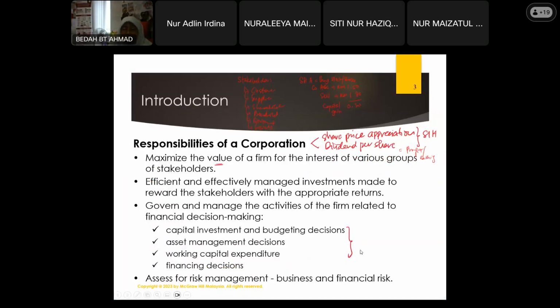Okay, so the responsibilities of a corporation also include that the company needs to efficiently and effectively manage investments made to reward the stakeholders with appropriate returns.